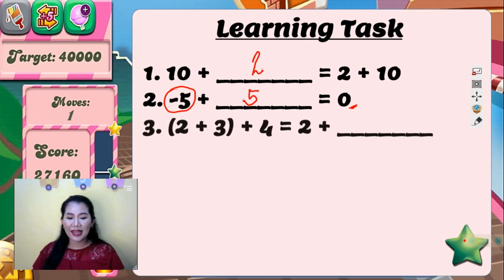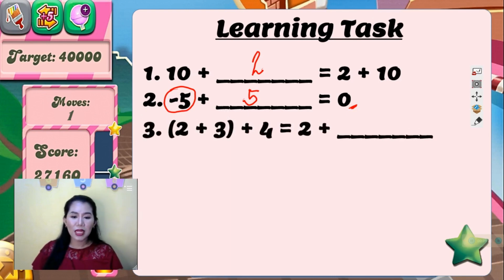Next, you have here 2 plus 3 plus 4 is equal to 2 plus blank. Anong ilalagay natin dito? Anong property i-apply natin? We're going to apply associative property of addition. So, gagawin natin ay, so you see, nakita niyo yung pattern 2. 2.